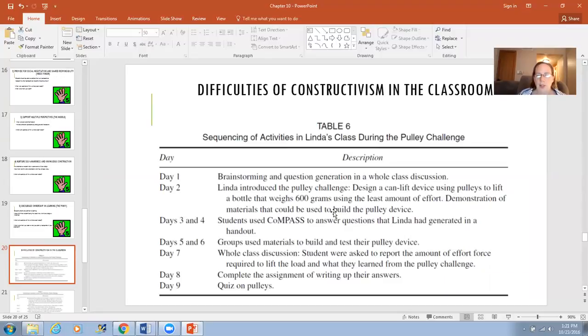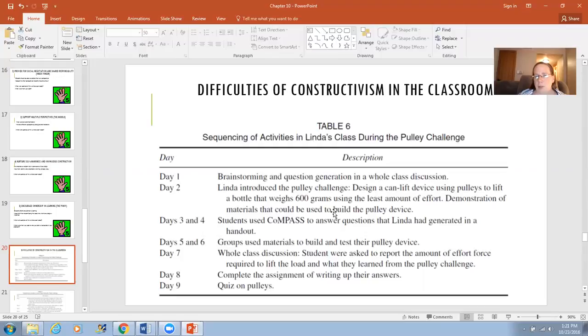So here's a description of Linda's classroom during the pulley challenge. So both examples are 9 days long. On the first day, the students participated in a brainstorming and question generation and a whole class discussion. On day 2, Linda introduced the pulley challenge, designed a cam lift device using pulleys to lift a bottle that weighed 600 grams using the least amount of effort.